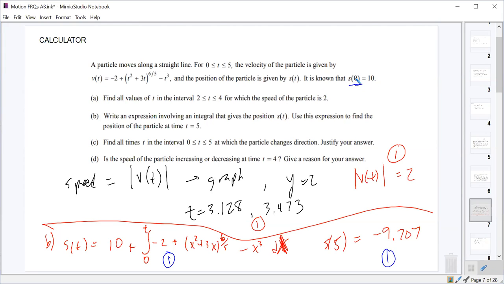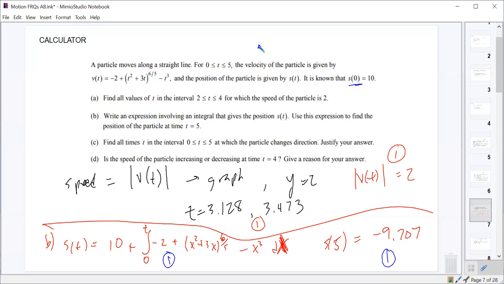Why aren't you using the absolute value of v of t for part B? Because this is talking about a position and not a distance traveled. Position comes from an integral of velocity, that's displacement, so it tells you how far you've moved left or right in relation to where you started. But absolute value tells you the total distance that you traveled, right?